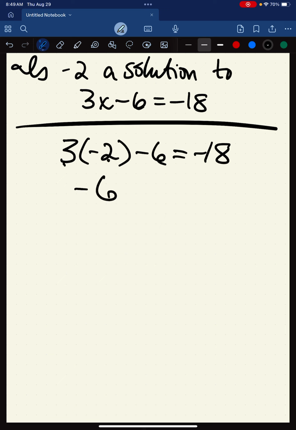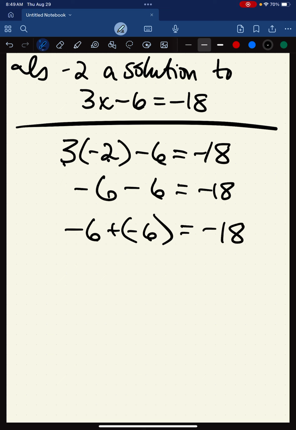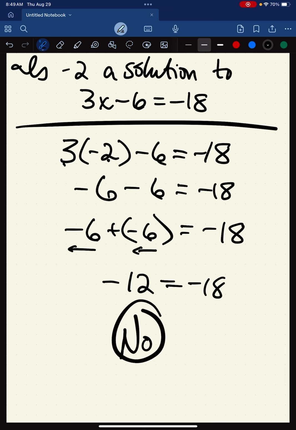We're going to get a negative, so negative 6 minus 6, negative 18. That's negative 6 plus negative 6. Then we go 6 units to the left, 6 more units to the left, we get negative 12. Does that make sense at all? No. So negative 2 is not a solution.